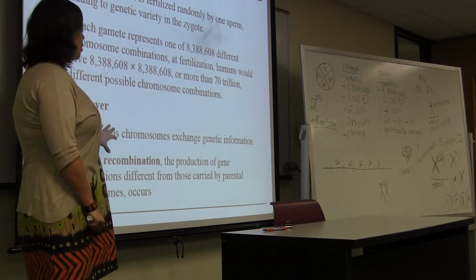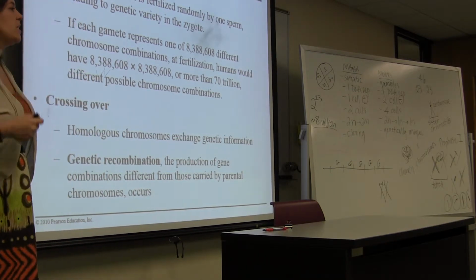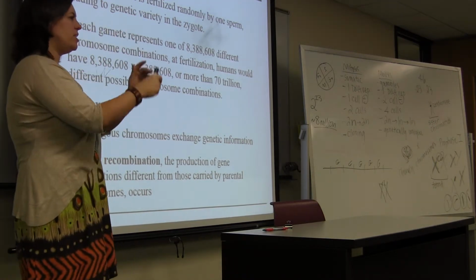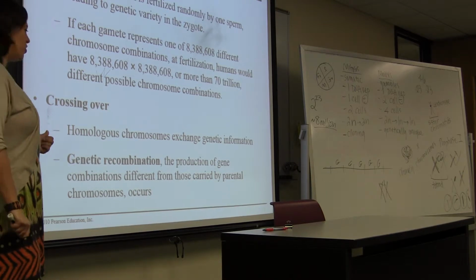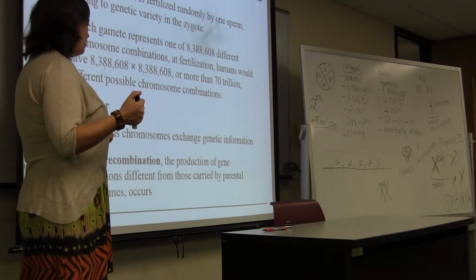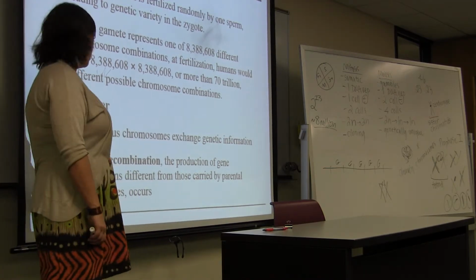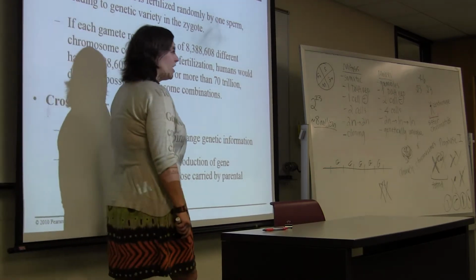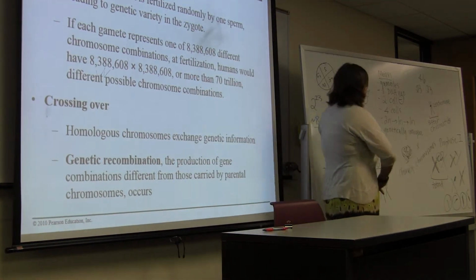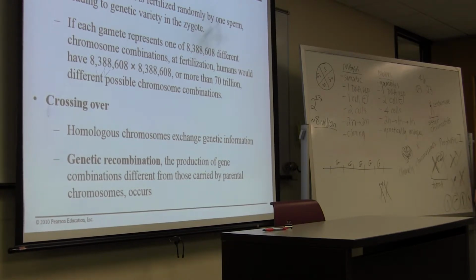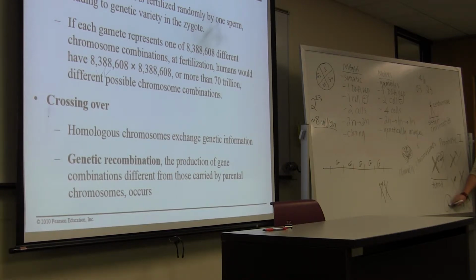And then again, crossing over is going to increase this genetic variation as well, because you're switching different chunks of DNA between mom's chromosome and dad's chromosomes. And one thing in this process, in addition to being called crossing over, it's called genetic recombination. So if we look at this example right here, at the end of meiosis 2, we end up with 4 gametes. 2 of them are going to look just like the original parents did.